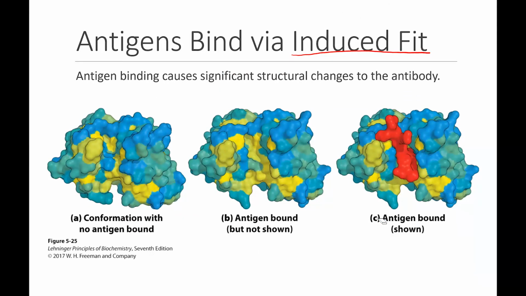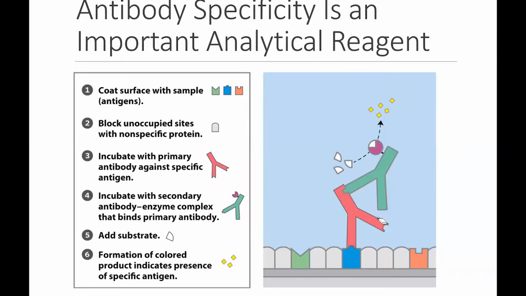And so they bind very tightly and very specifically to that ligand or that antigen of interest. We can use them to help us recognize when we have a protein of interest or a molecule of interest in a sample.